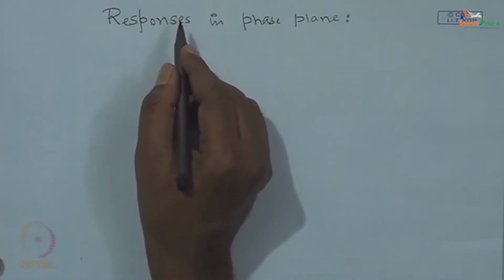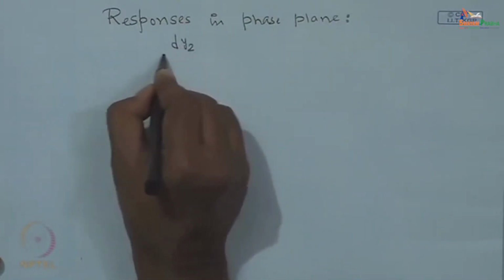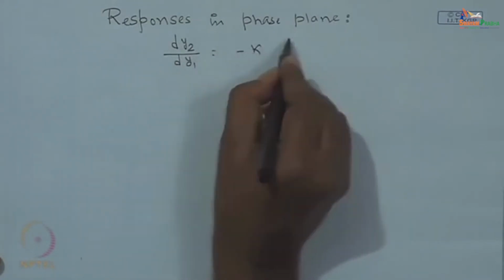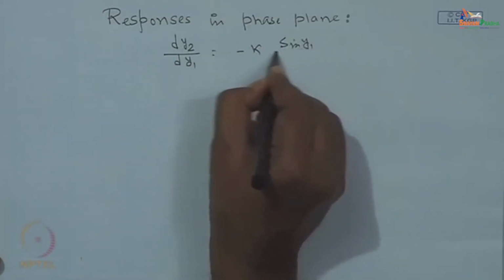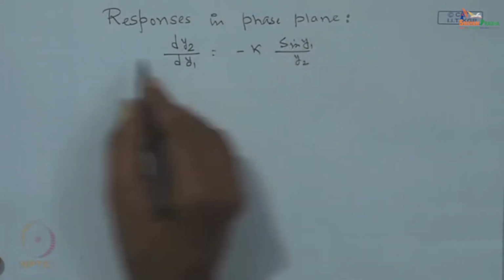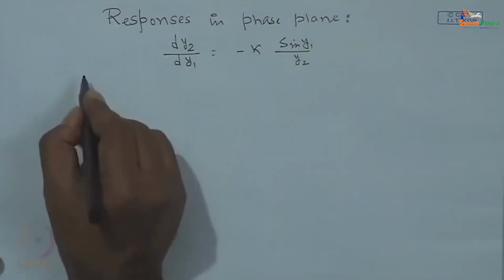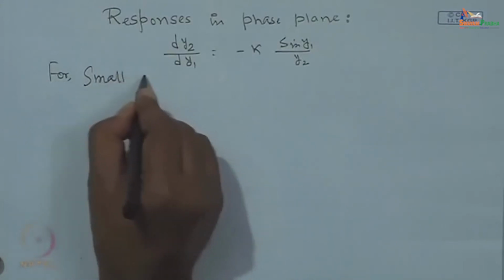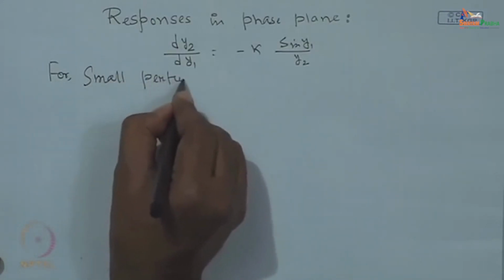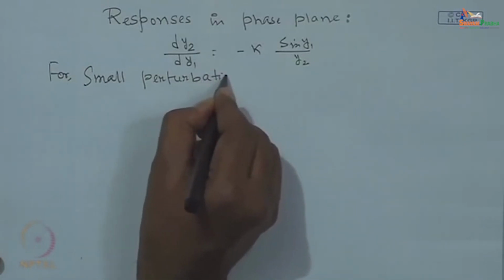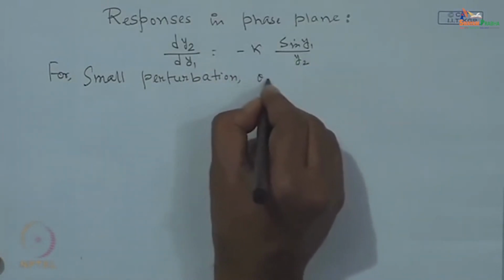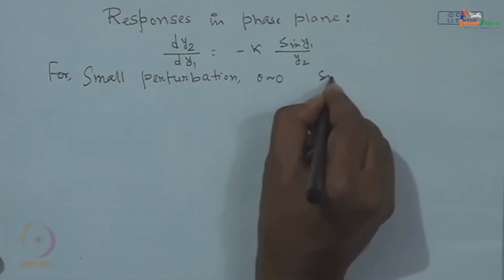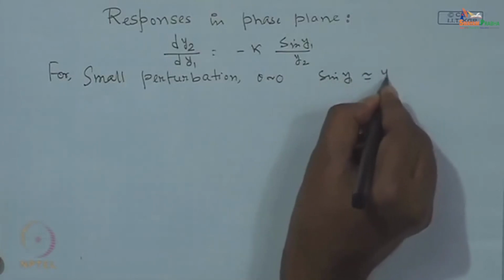We divide one governing equation by the other. So, dy2 dy1 is nothing but minus k sin y1 divided by y2. For small perturbation, that means if theta is small, the angular amplitude is small, then sin y1 can be approximated by y1.